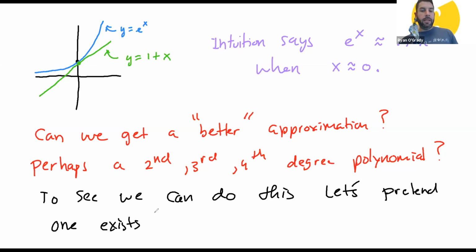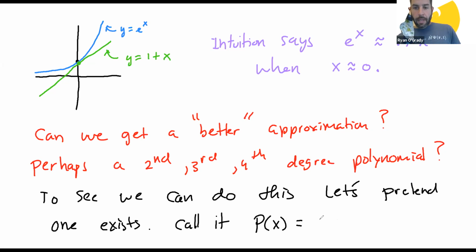So we'll start with the second case, the second degree polynomial. Let's call it, for lack of a better word, P of x. Now, what does a second degree polynomial look like? It looks like a number plus a number times x plus a number times x squared.